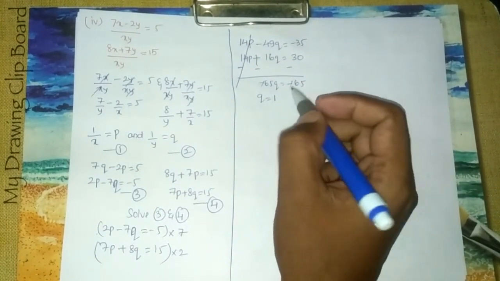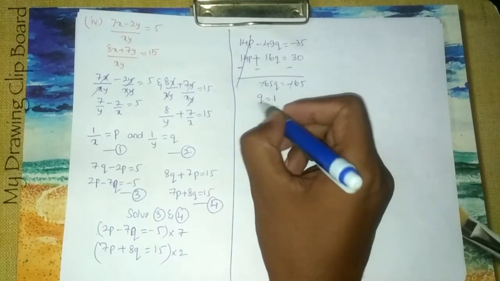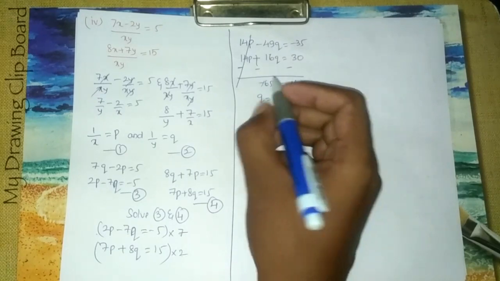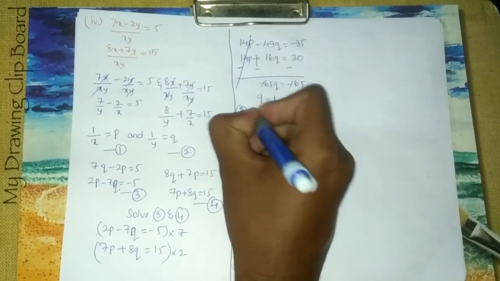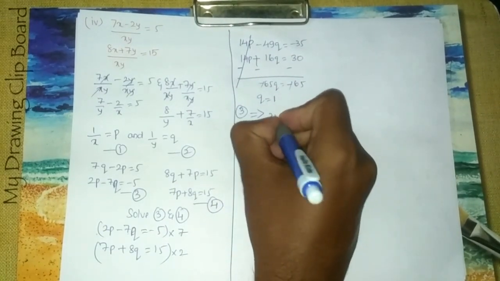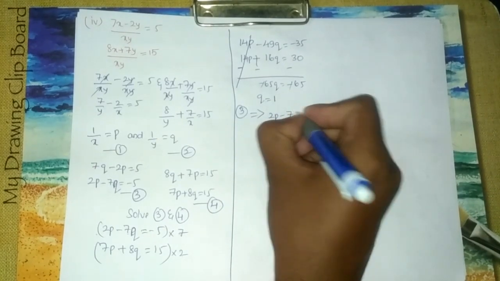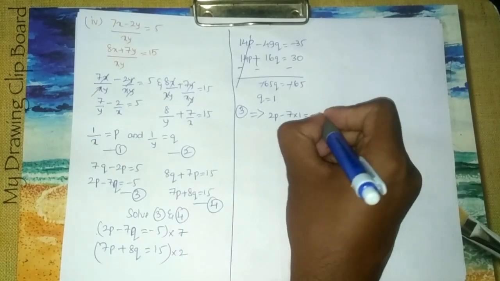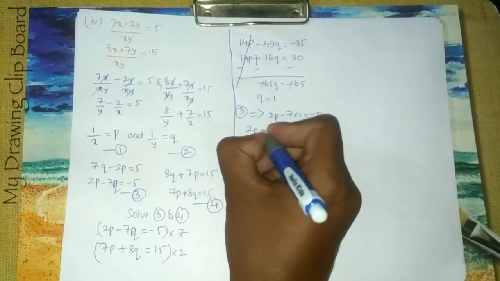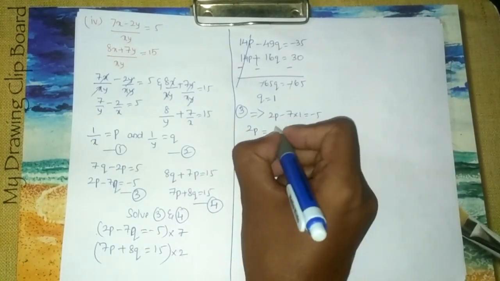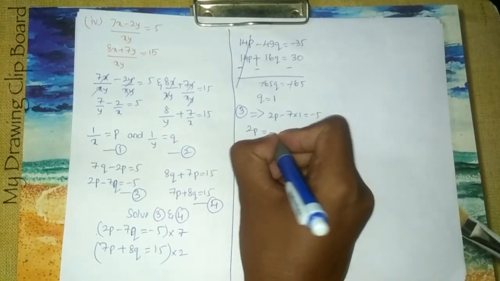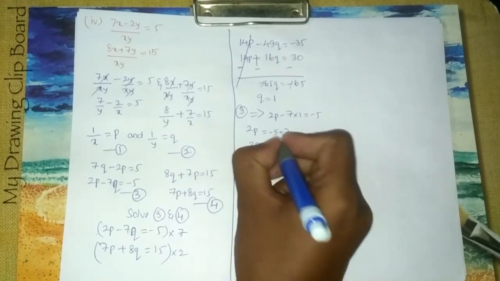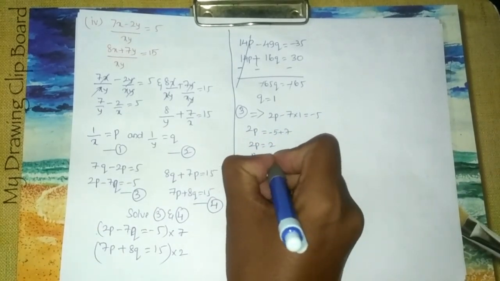Now to get the value of p, you can use either equation 3 or equation 4. So let me take equation 3, which is 2p minus 7q, q is 1, equals minus 5, or 2p equals minus 5 plus 7. So 2p equals 2, or p equals 1.